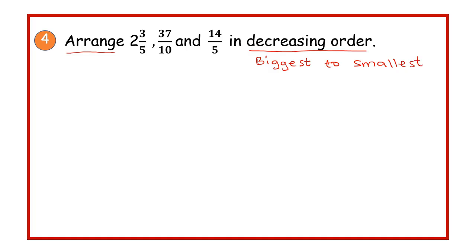So we have got 3 fractions. We have got a mixed number, which is 2 and 3 out of 5. Then we have got an improper fraction, which is 37 out of 10. And then we have got an improper fraction, which is 14 out of 5.